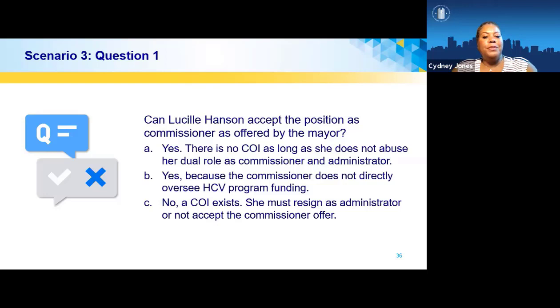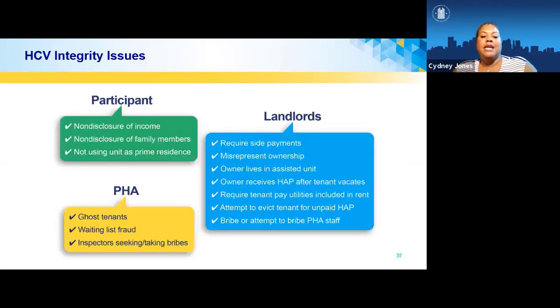All right, let's talk a little bit about HCV integrity issues. In addition to concerns about conflicts of interest, you as a commissioner and the board as a whole should really be concerned with ensuring the integrity of the program by participants, landlords, and the housing authority. Let's talk about residents or participants.